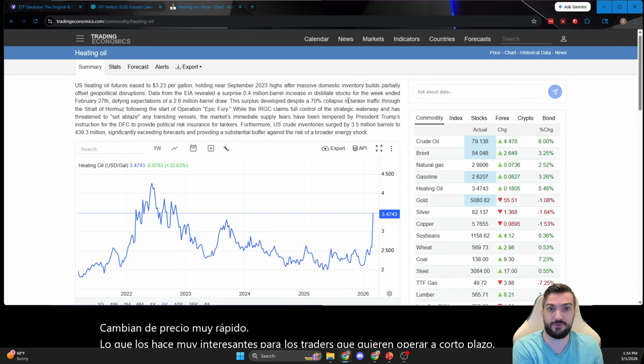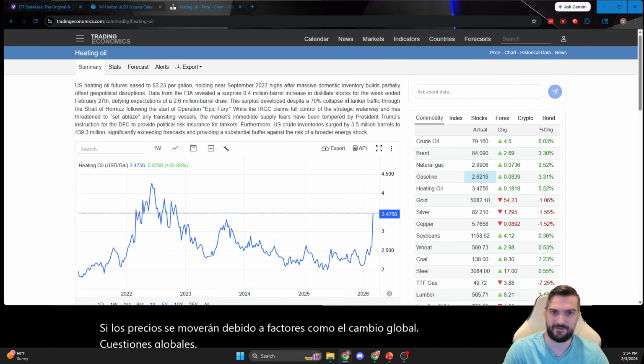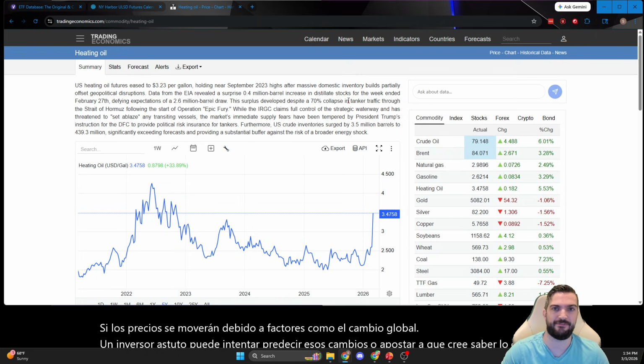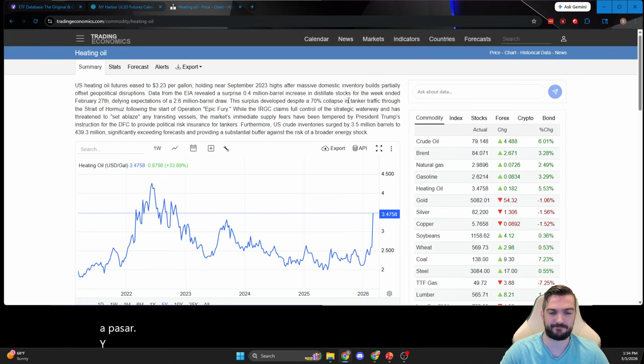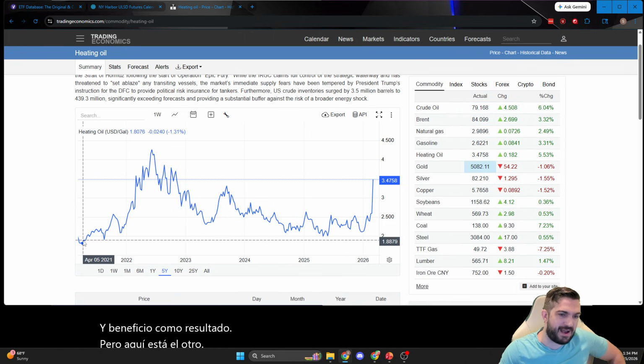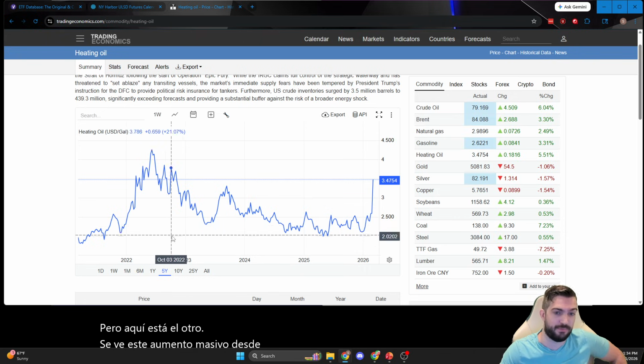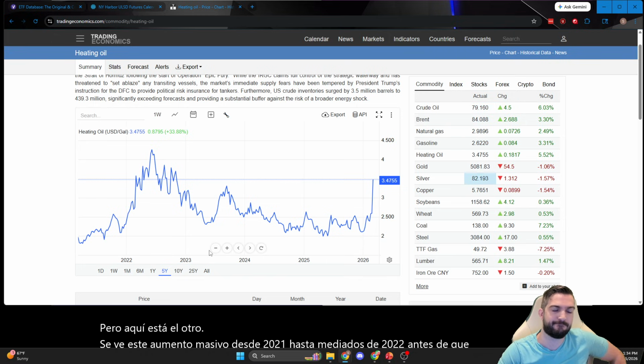If the prices will move due to things like global change, global issues, the savvy investor can try and predict those changes or bet that they think they know what's going to happen and profit as a result. But here's the other one. You see this massive increase from 2021 to mid-2022 before cooling back down again? Let's think back to what was happening then.